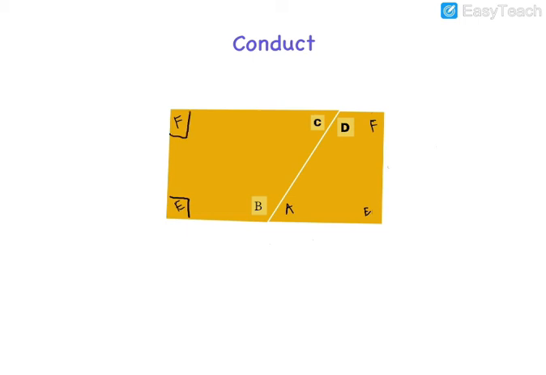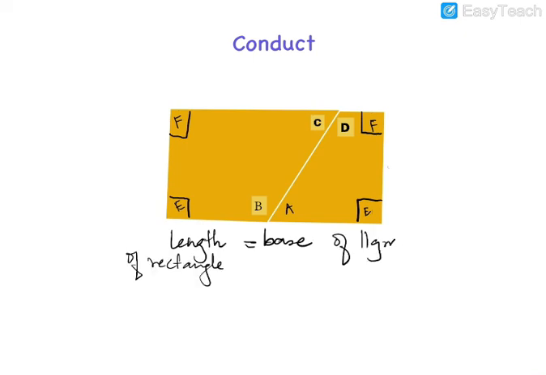So now from a parallelogram we have obtained a rectangle. So area of this rectangle will be same as area of parallelogram. The length of this rectangle is same as the base of the parallelogram. And the breadth of the rectangle is same as the height of the parallelogram.